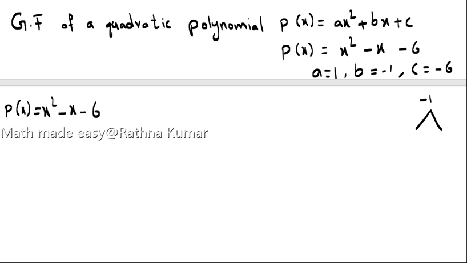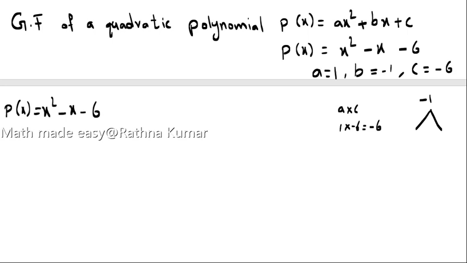If we add these two parts, we should get back minus 1, and if we multiply these two parts, we should get the product of a and c. a into c, 1 into minus 6, you will have to get minus 6. Sum of these two should be minus 1 and product of these two should be minus 6. So in that way we have to take.